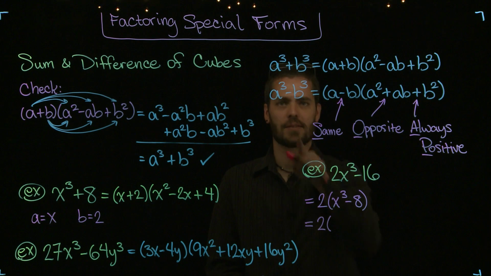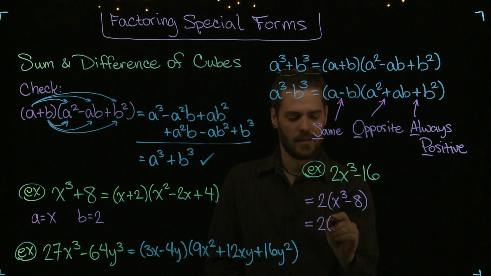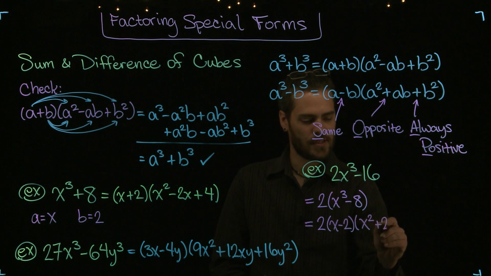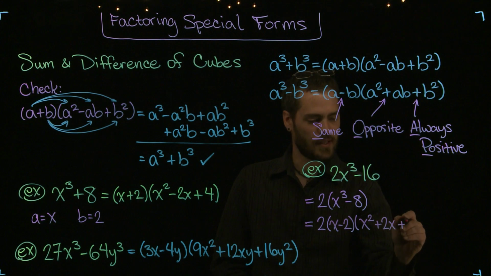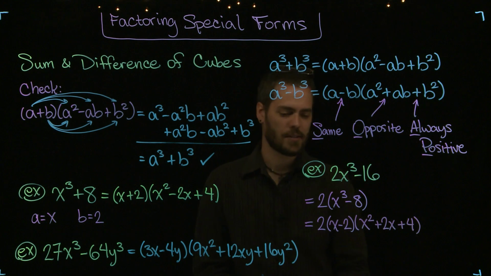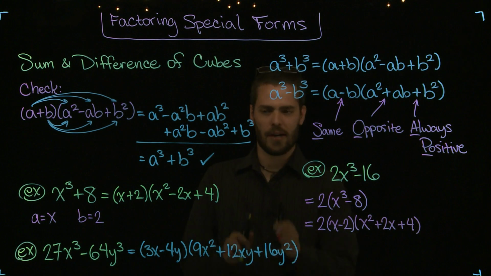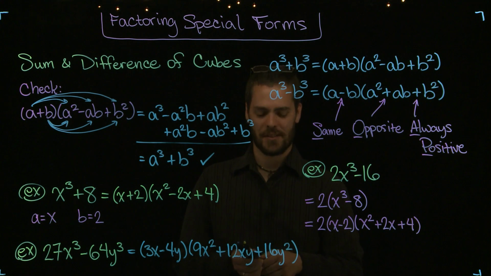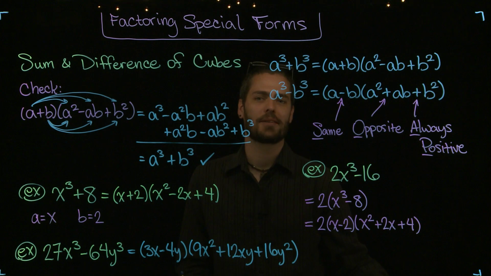This has a minus here, so we're looking at the minus case, which gives x minus 2 times, here's the trinomial part, x squared plus 2x plus 4, and that's it. Here's our greatest common factor out front. No matter which method you're using, what you're factoring, always remember, factor the greatest common factor first. And that is it for factoring special forms.